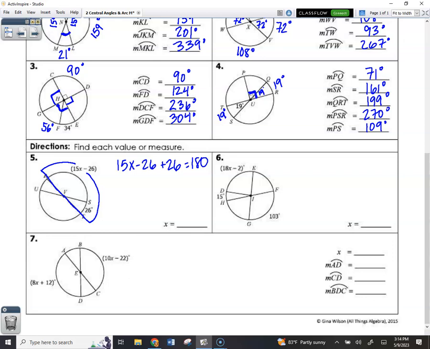That means they add to equal 180. So let's solve that. The 26 cancels. 15x equals 180. Divided by 15, you get 12.